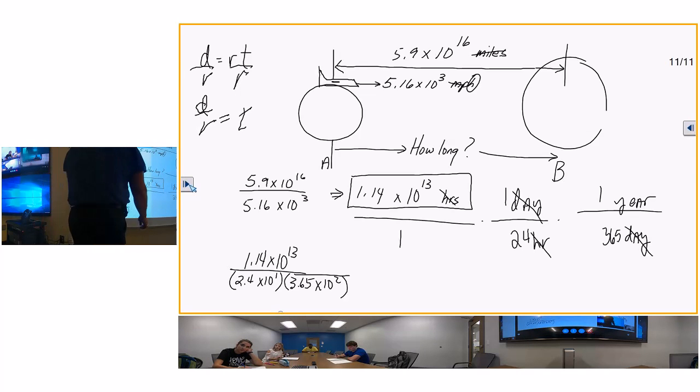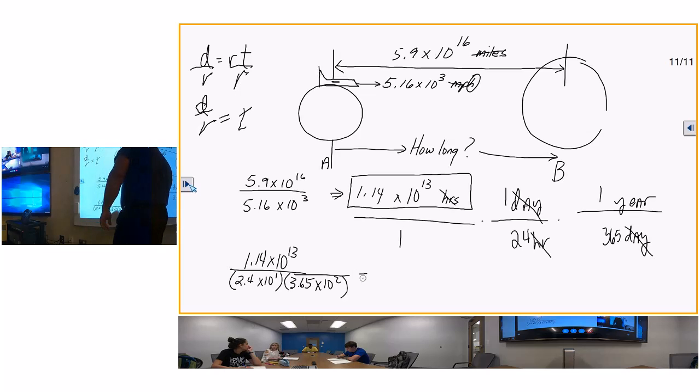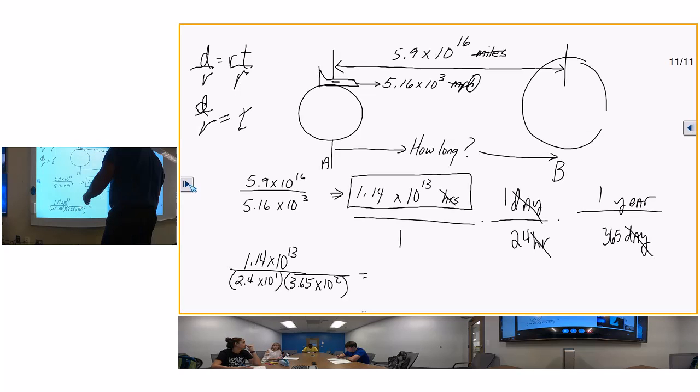So the bottom is going to give us 2.4. Somebody multiply 2.4 times 3.65 for me.